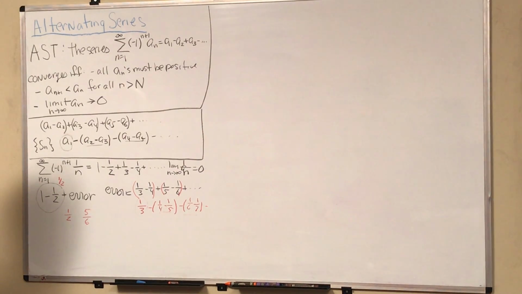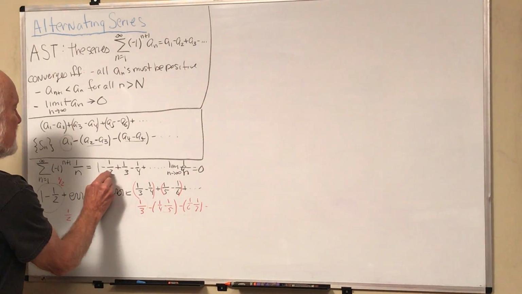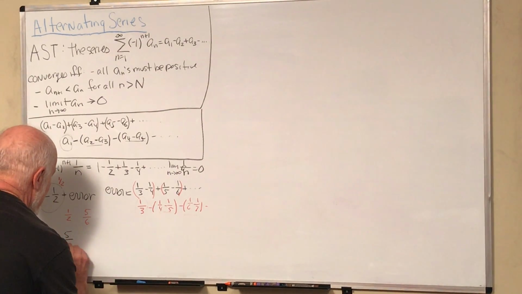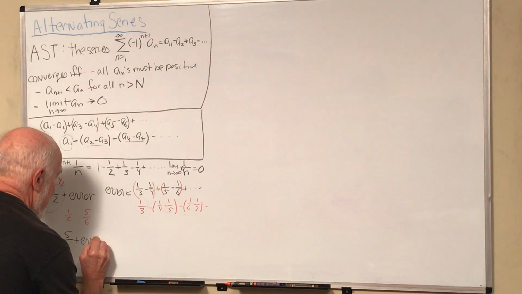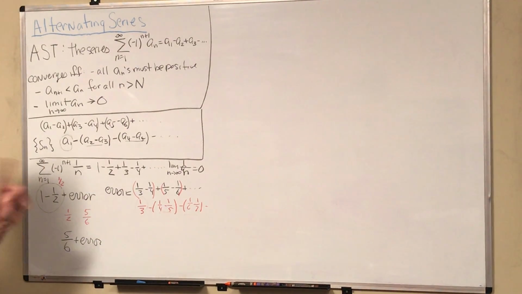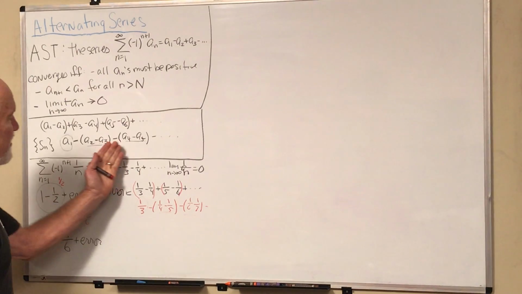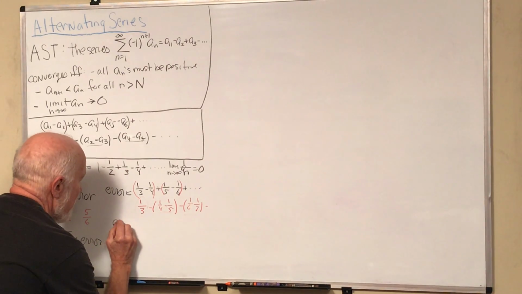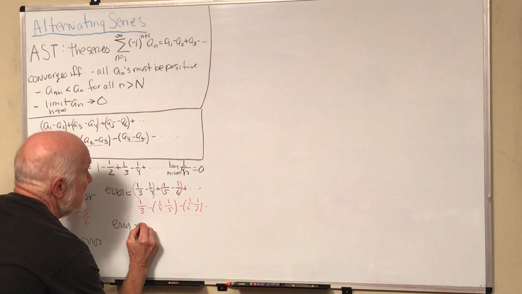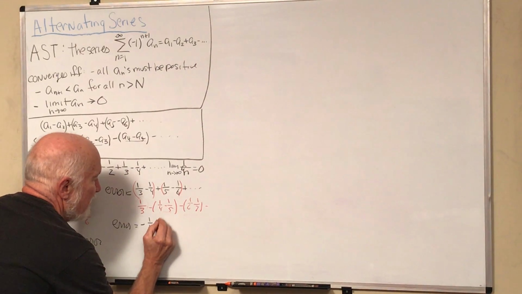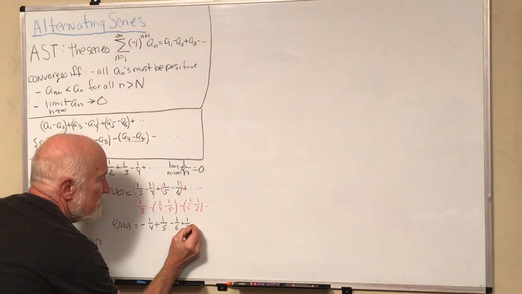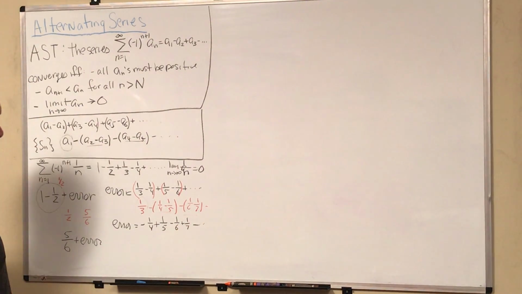Now, if I went and added one more term, what if I went 1 minus a half plus a third? Then I've got 5/6 plus an error. But let's see what my error is going to look like this time. My error is now going to be from negative 1/4 on. So my error is going to be negative 1/4 plus 1/5 minus 1/6 all the way on.